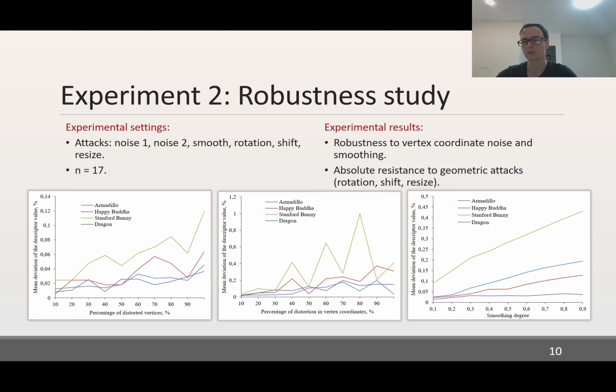As can be seen from the results, the deviation for almost all attacks is less than 1%, so the descriptor can be called robust to these attacks. It's also important to note that the descriptor has zero deviation for geometric attacks, so it is absolutely robust to them.